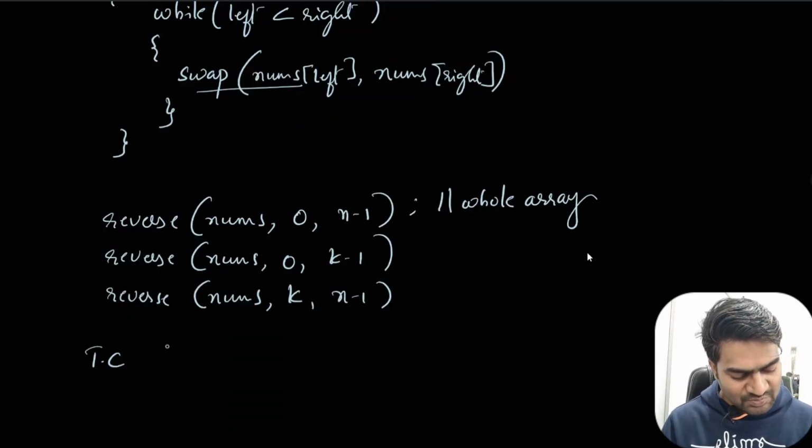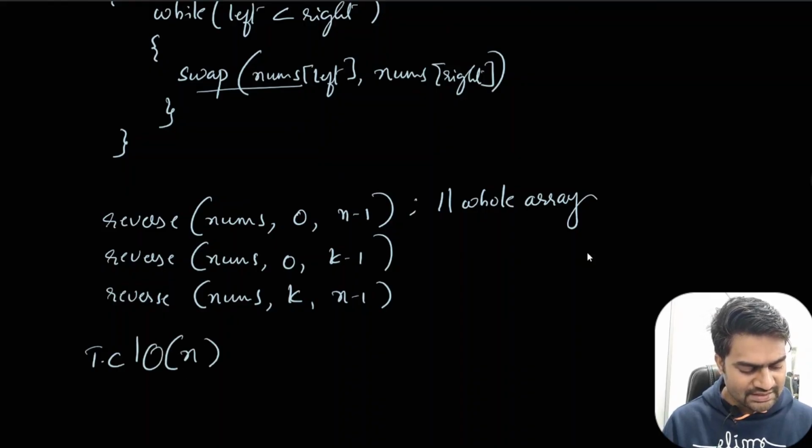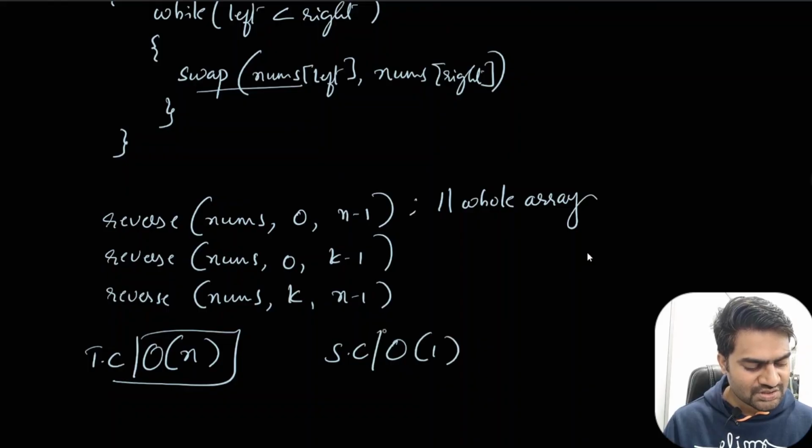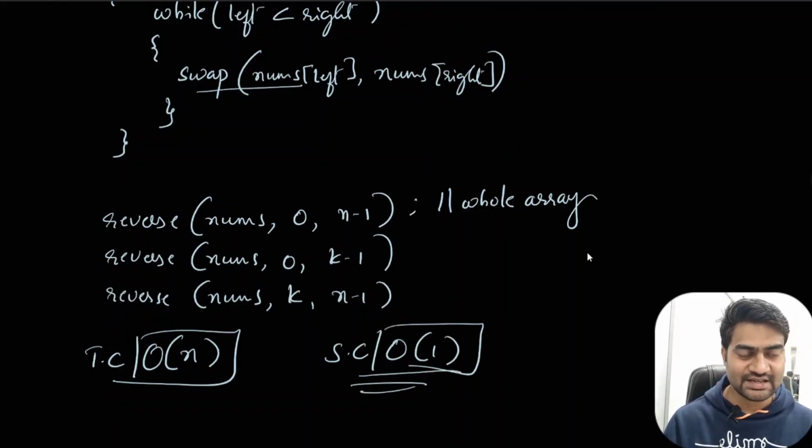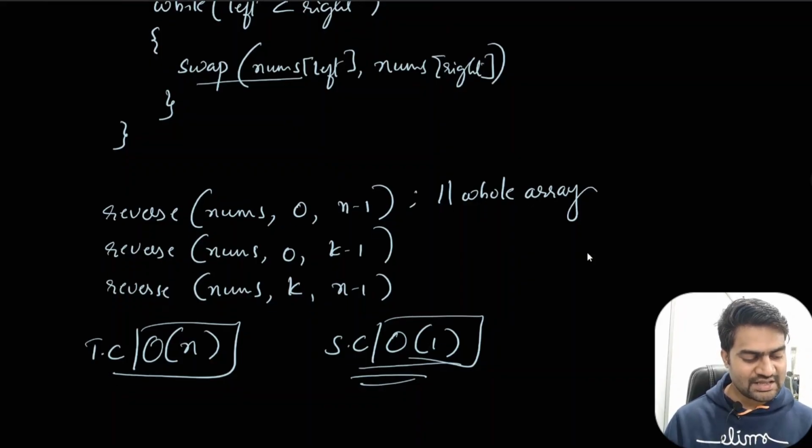So time complexity will be order n, and space complexity is order 1 because we are not using anything extra here. Everything is done in place. This is the beauty of the two-pointer technique. It boils down our space complexity from order n to order 1. Okay, hope that is clear.